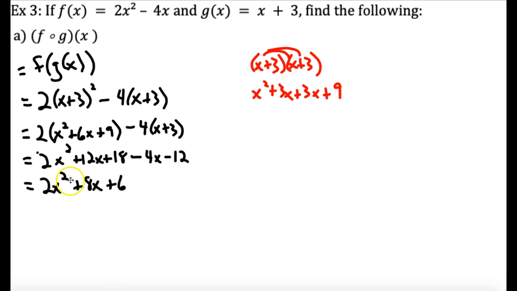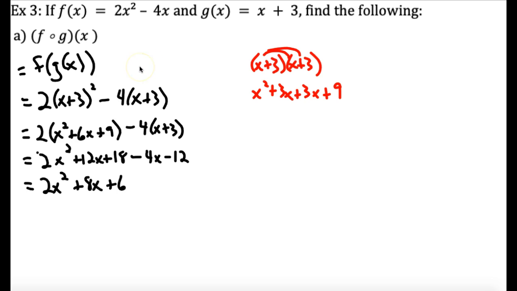So our composition of these two functions ends up working out to be 2x squared plus 8x plus 6. All right? There would not be any domain restrictions because the domain of both of these functions is everything, right? Negative infinity to positive infinity.